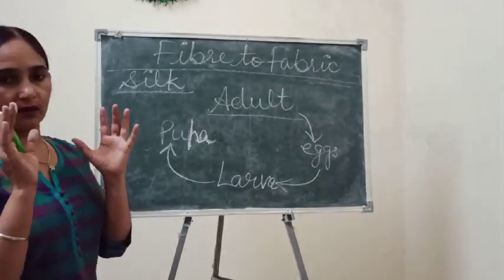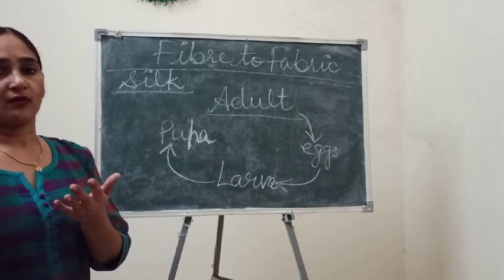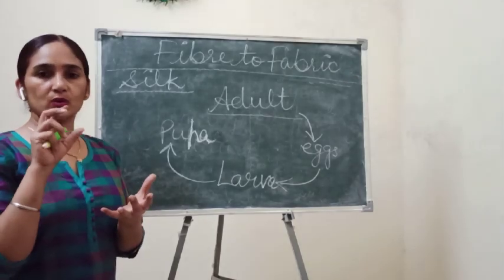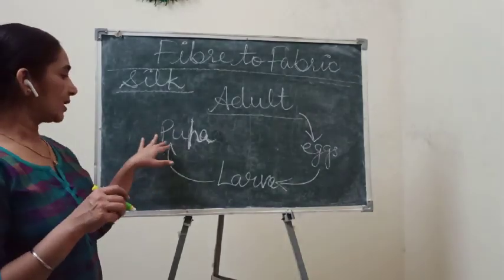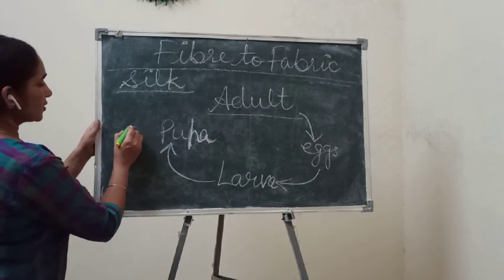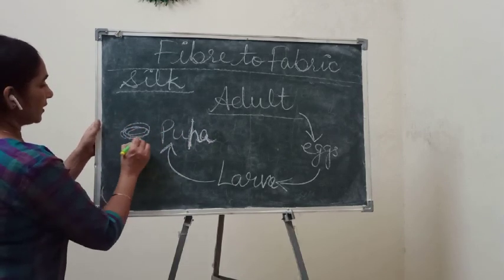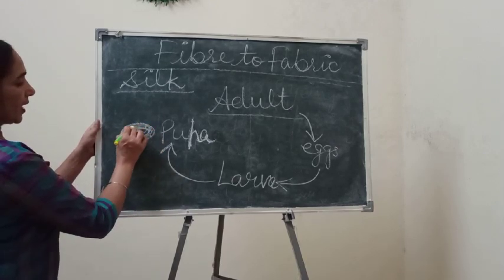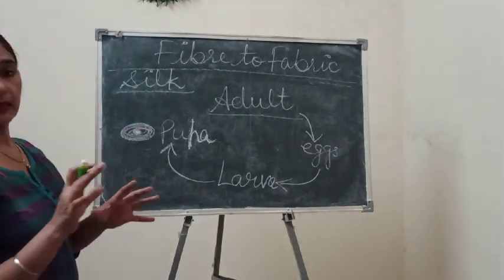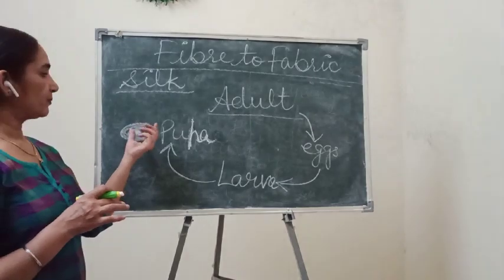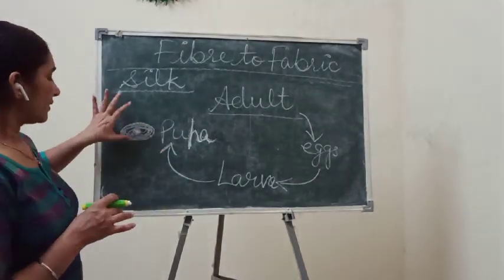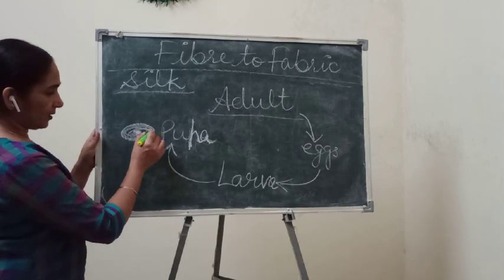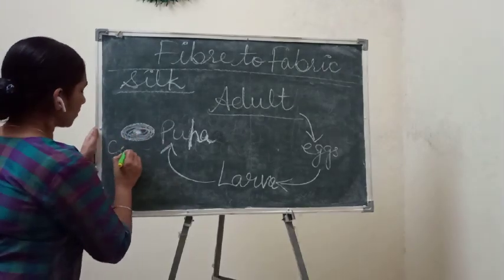Okay, means when it is wrapped inside those silk fibers or silky material, it will look like this, in this way. The pupa lives inside it, and around it so many fiber-like materials are present, and the pupa is protected inside. The wrapped pupa is called cocoon.